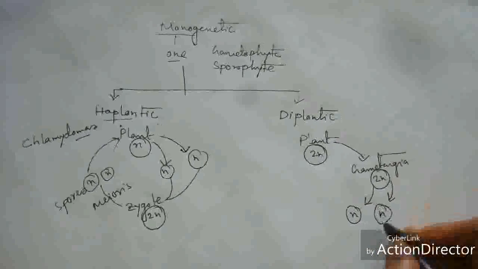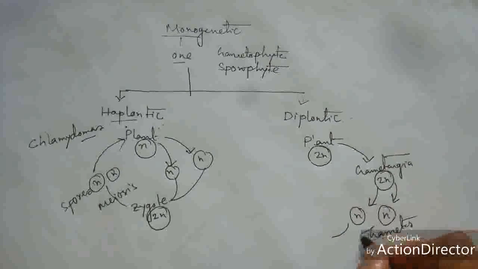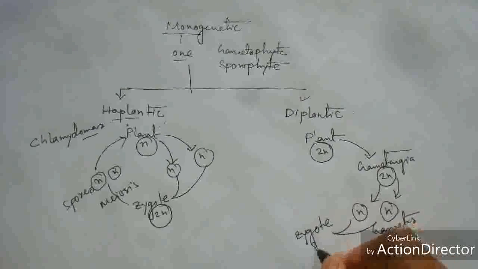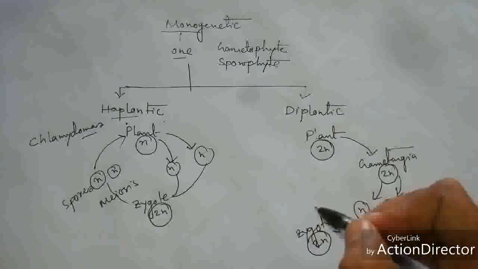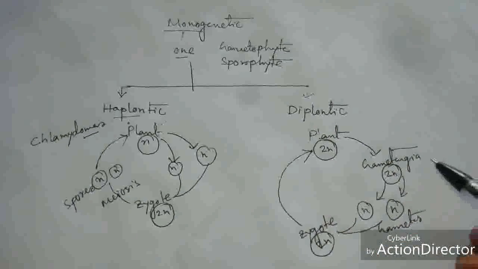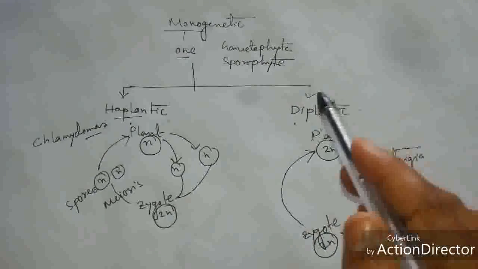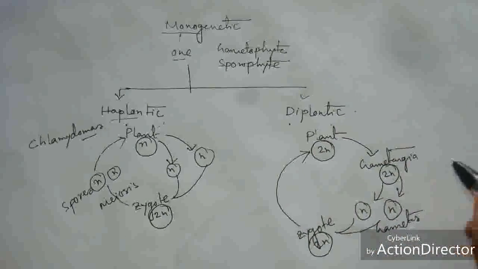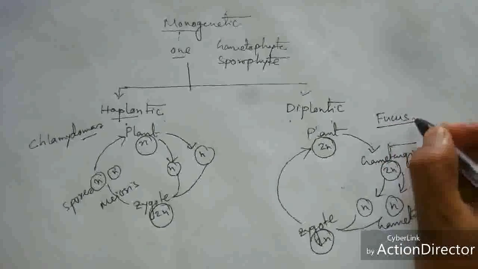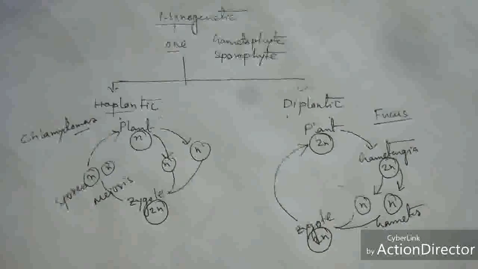Gametes are haploid, and after fusion they produce a 2N zygote, and from this zygote the plant body is produced directly. So this is diplontic, meaning all the phases are diploid. An example of this type is Fucus, where this type of generation is found.